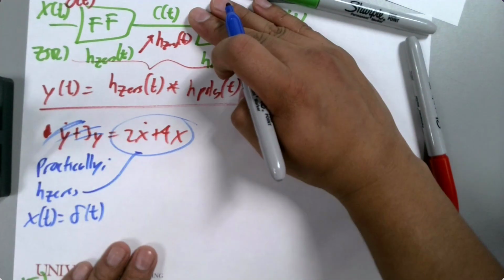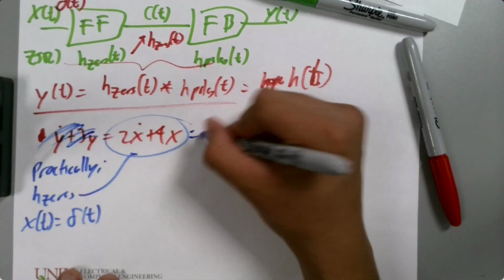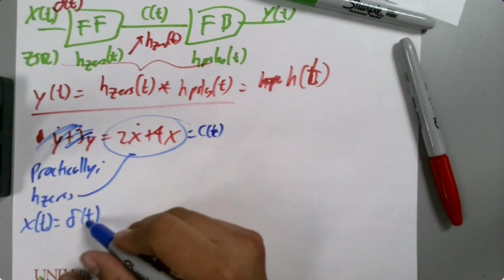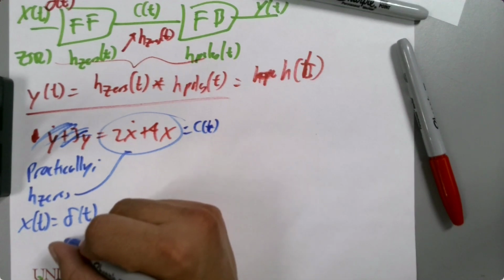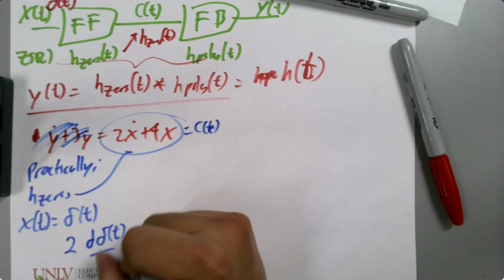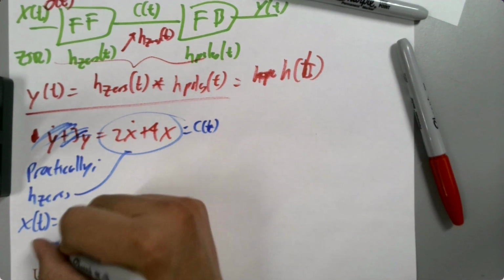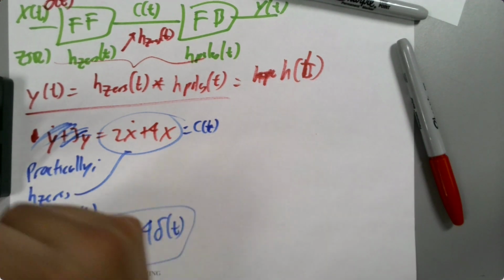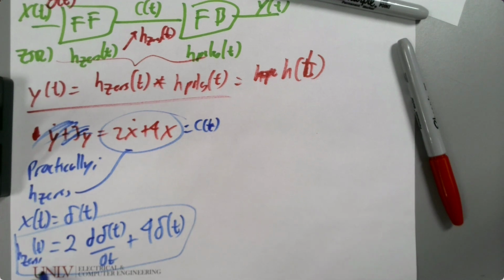There's no feedback. We're looking at c of n, or c of t. All you do is replace all the x's with Diracs. So 2 Dirac t plus 4, boom, done. Now you have the zeros.